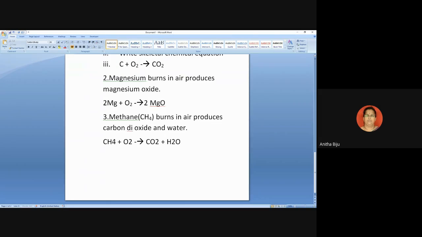Isn't it? This is the word equation. Second step. What is the second step? This is the second step which I have written on the board. Correct? Yes, ma'am. It is there on the screen. CH4 plus O2 giving CO2 plus H2O.